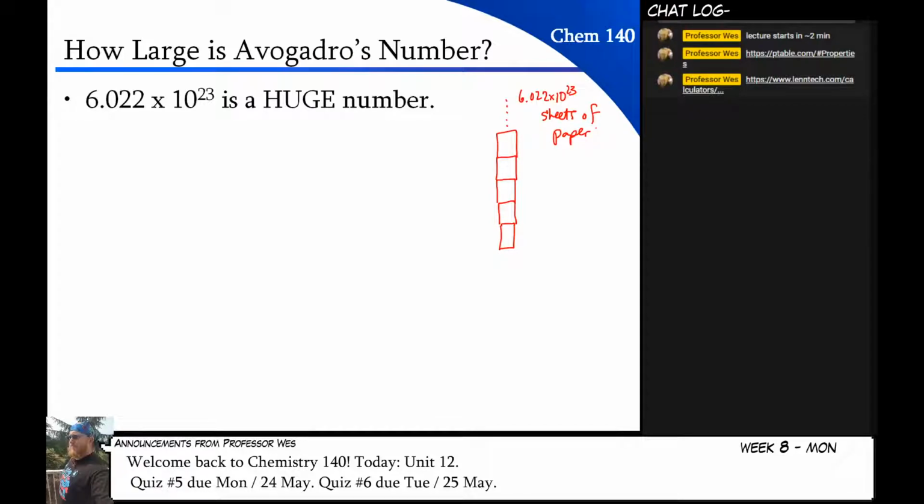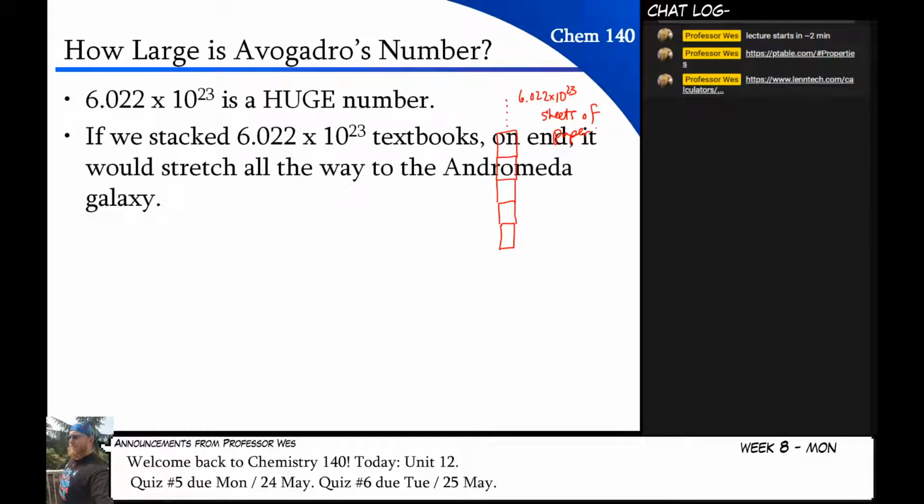Well, if you stacked a mole of 8.5 by 11 pieces of paper end to end, they would go so far that you would go past the moon. You would go past Mars, Jupiter, all the other planets. You'd go past every other star in the galaxy and all the way to the next galaxy.